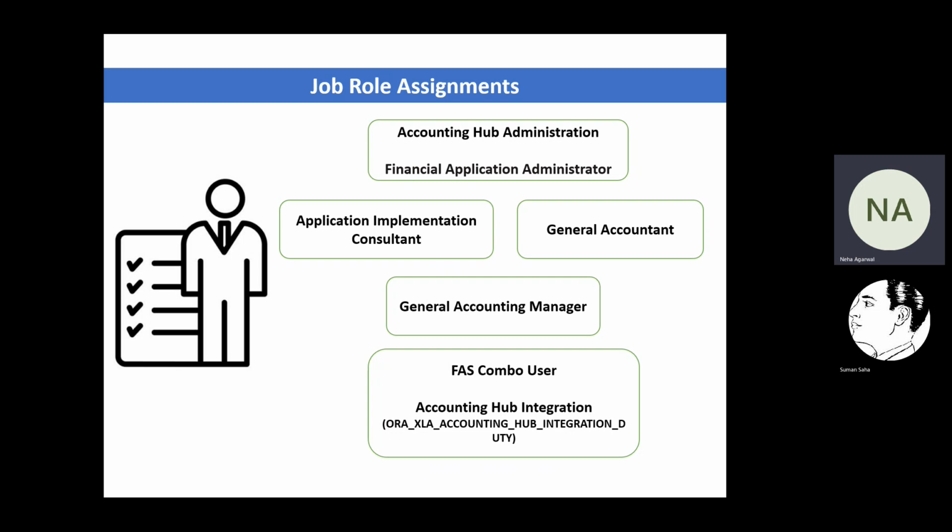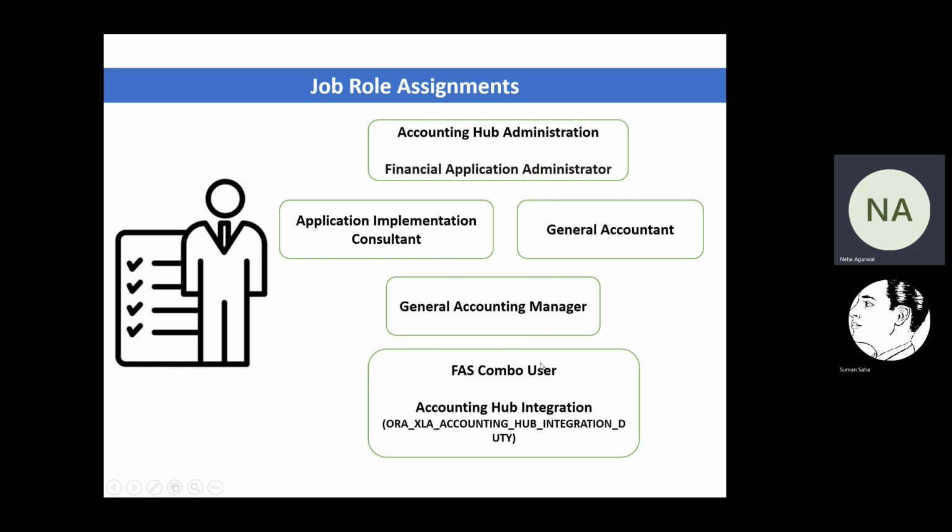And so the common roles the user must have are the general accountant and the general accounting manager, as these roles have the privileges to create and manage the journals, general ledger reporting, and business intelligence privileges for the reporting purpose. So these two roles will be needed for creating and managing journals, preparing the reports, and having the access to the OTBI or the reporting section.